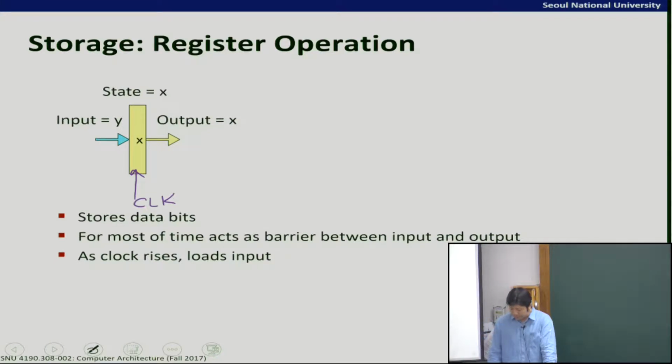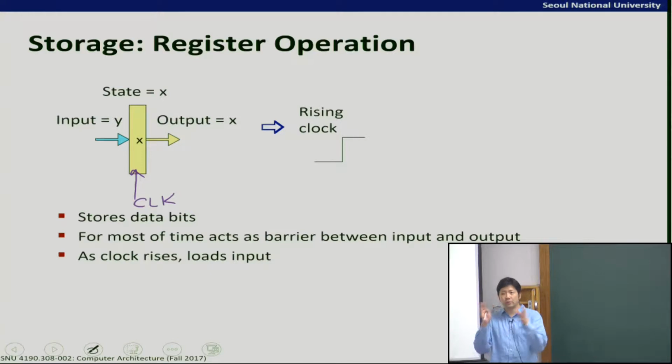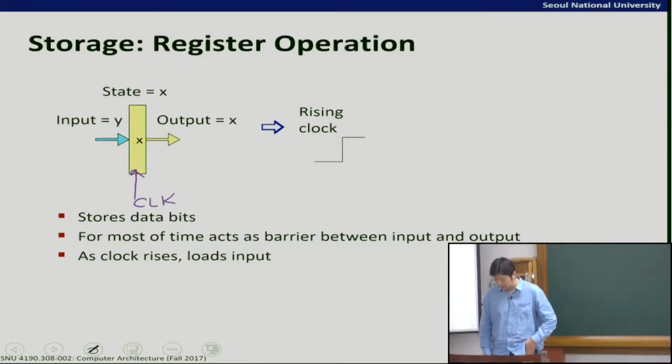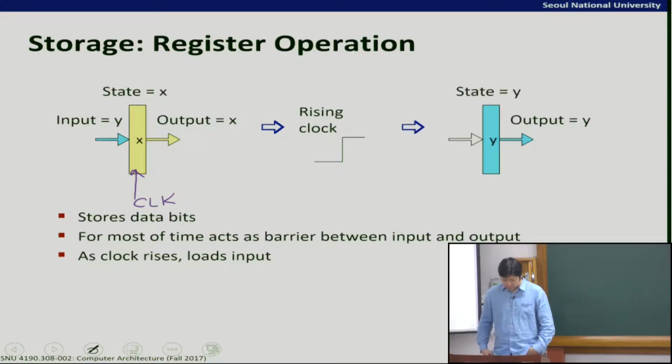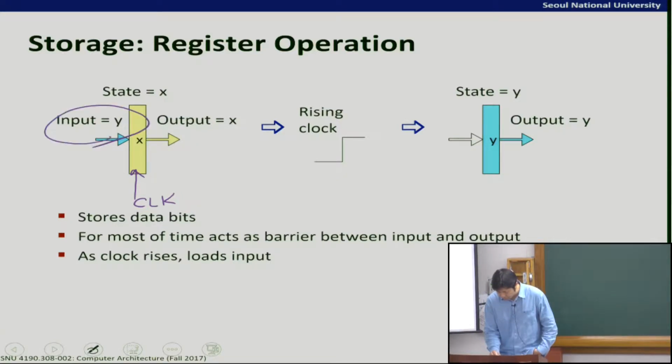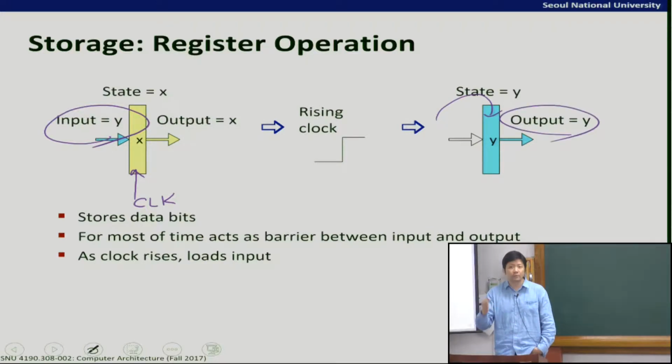However, whenever there's a rising edge of the clock, the new value will be loaded into the flip-flop, right? So the value gets changed only at the rising edge of the clock. That's basically how a register works. At the rising edge, this new value of y will be loaded into the register, and the output will become y, of course after a little bit of delay.